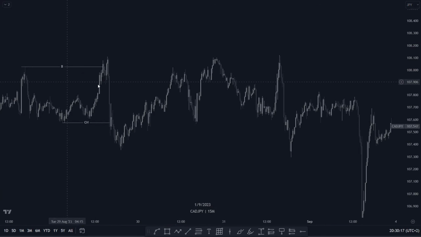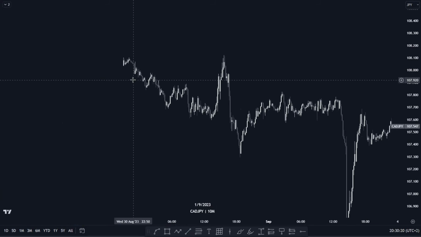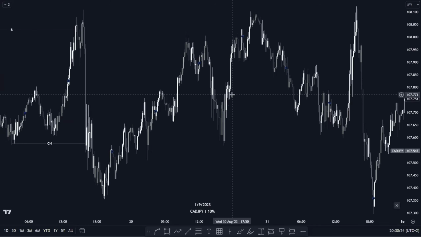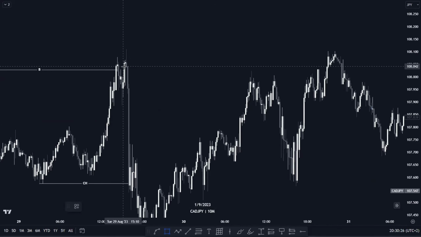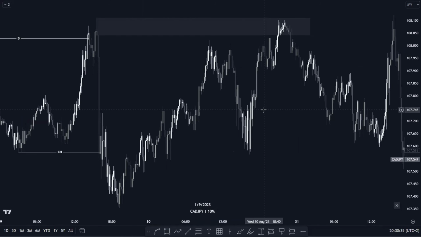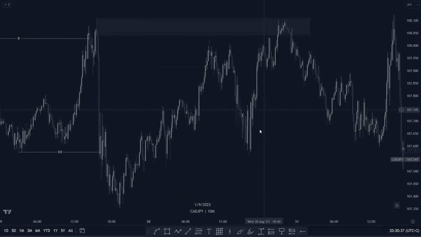I managed to see on the 10-minute chart, price left us with a beautiful supply area here, whereby price mitigated it and pushed to the downside.